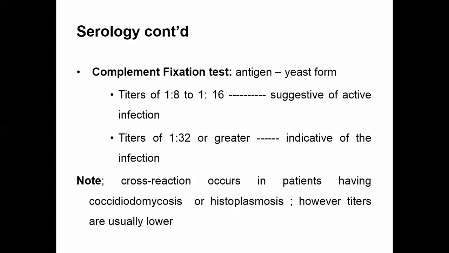And if the titer exceeds 1:16 or 1:32 or greater, then the infection is very well established over there. So over here, two titers are suggesting: one is what we call an active infection, and the second one is indicative of a particularly chronic infection. So this is how we identify the complement fixation test.